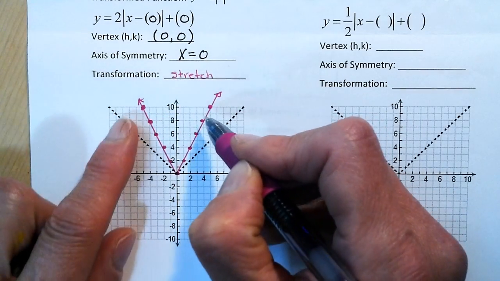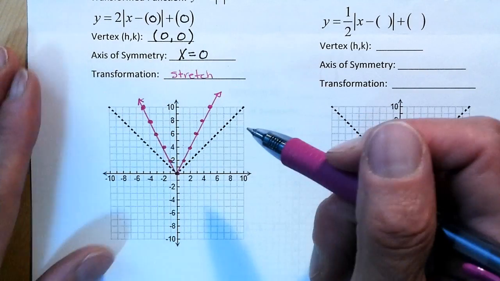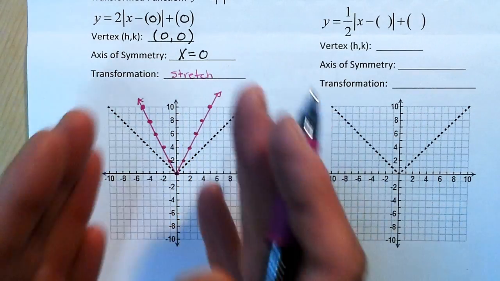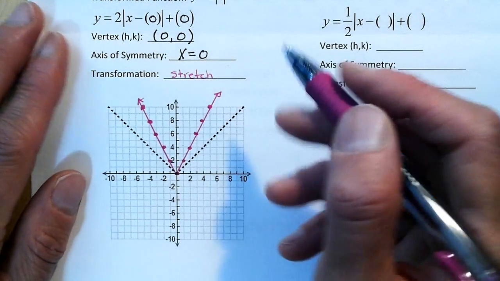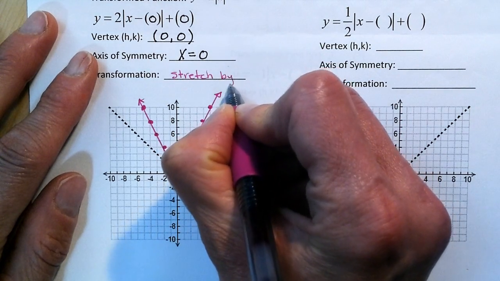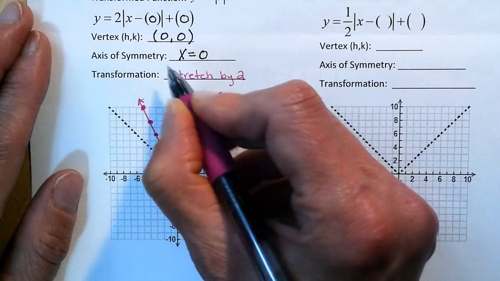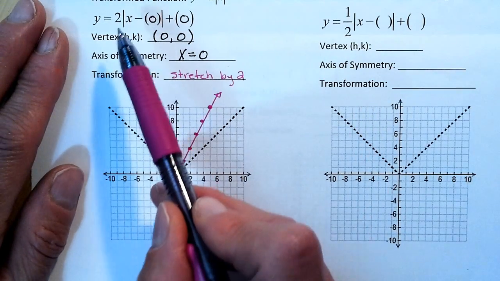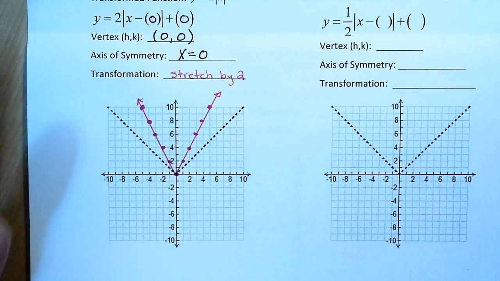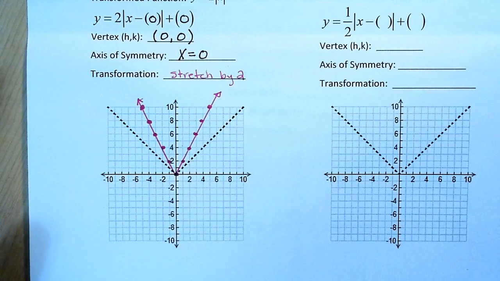You can see it's reaching up, it's stretching up. So this is a vertical stretch, and it's stretching up by how much? It's stretching up by 2. How did I get that? Well, right here, this number 2 is telling me how much of a stretch it actually is.